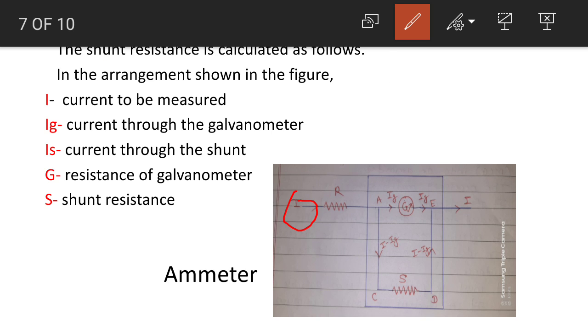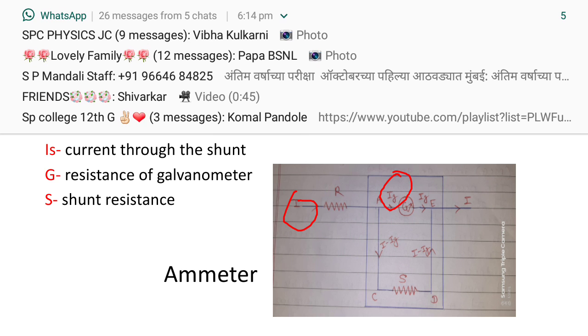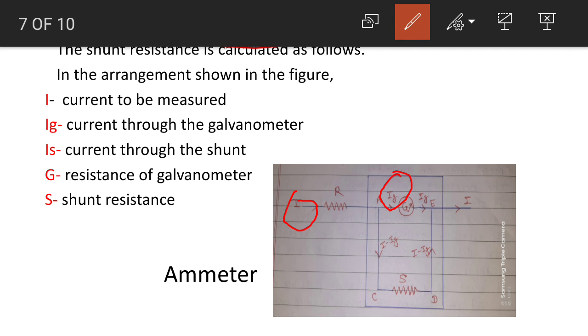Ig is the current through the galvanometer. Is is equal to I minus Ig, and it is the current through the shunt resistance.